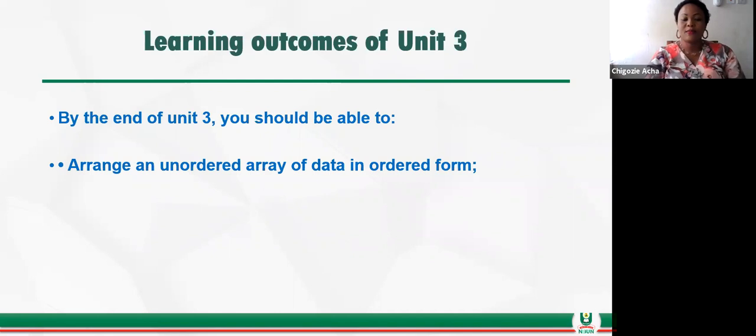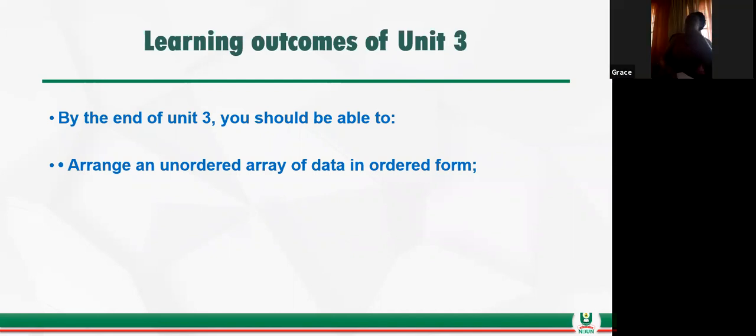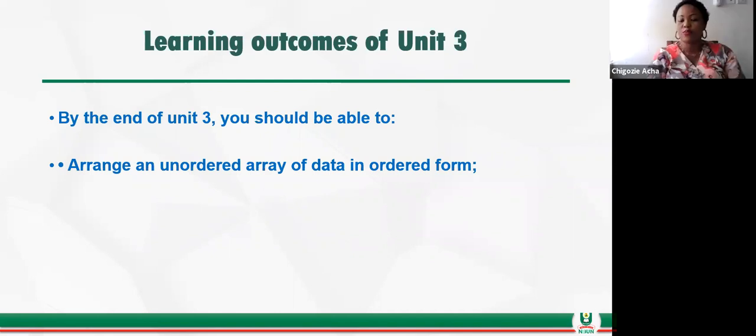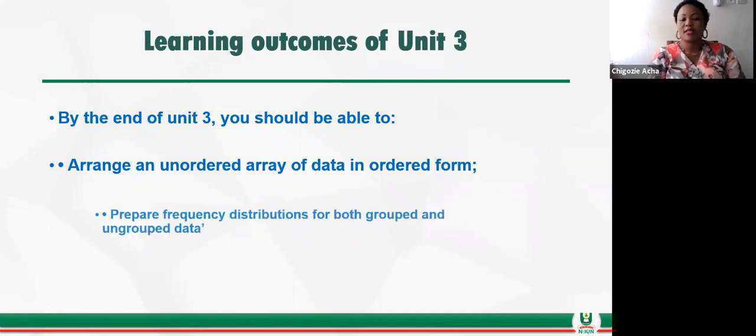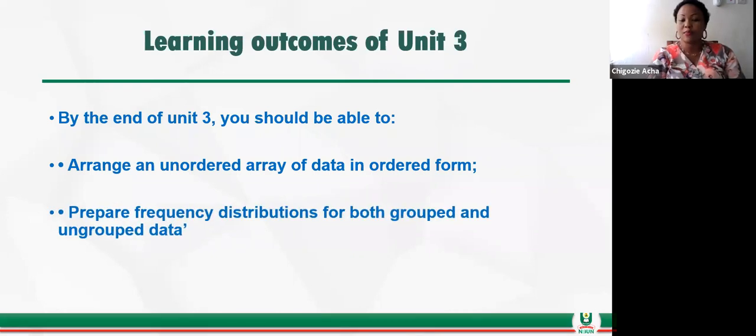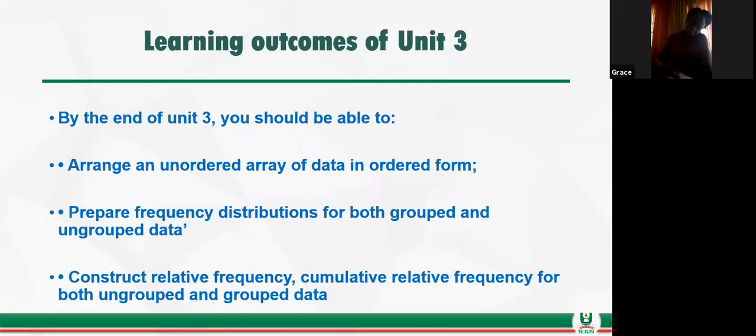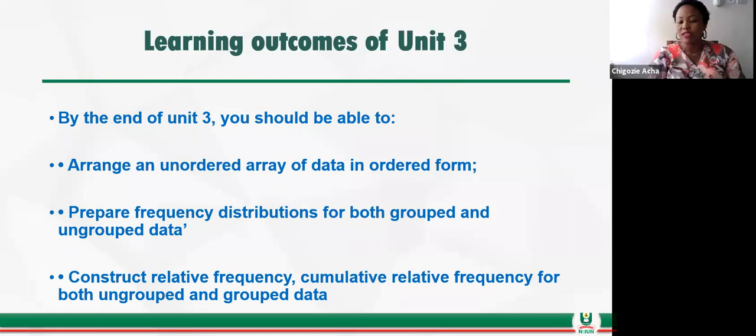You arrange an array of data in ordered form. You are expected to know how to prepare the frequency distribution for both grouped and ungrouped data. And finally, you construct a relative frequency and cumulative frequency for grouped and ungrouped data sets.